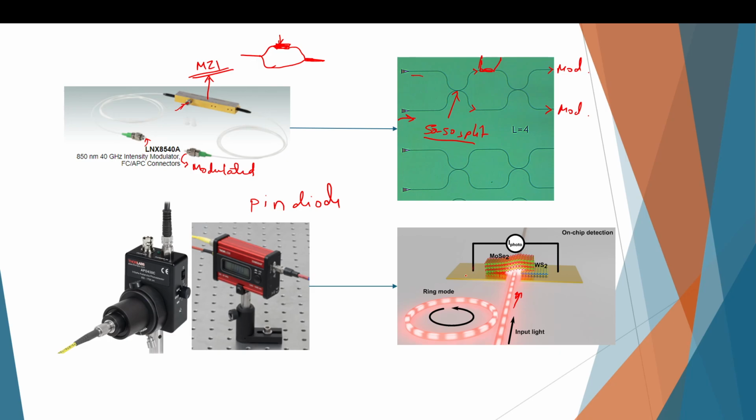These are the gold pads, and this is a wire. If it sees a photon coming in, there will be some transition and a carrier will be generated, and that will translate into a current, and we can detect that current. So yes, it is possible to get an on-chip photodetector as well.